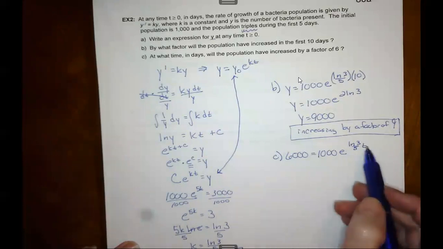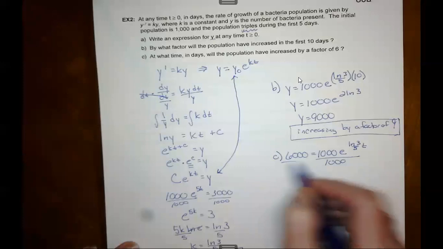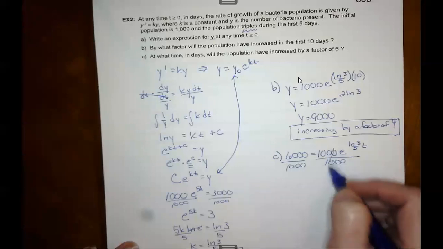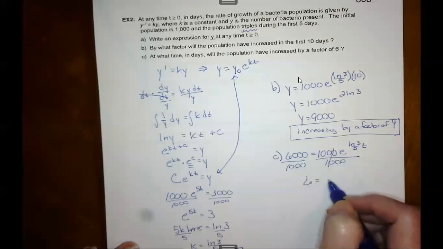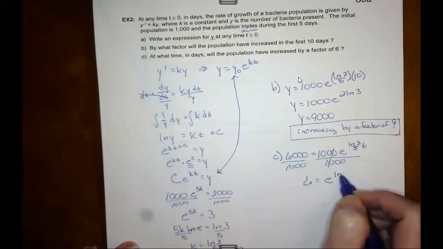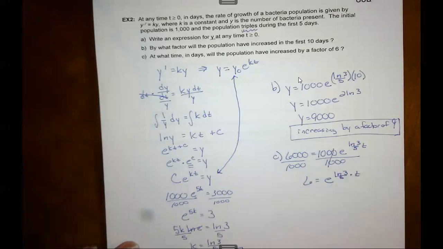So t is in our exponent. We're going to need to solve, and it's going to involve some logarithms. So our 1,000 will divide out. We have 6 equals e to the ln 3 over 5 times t power. This is all exponent, so we can't do anything else except take the log of both sides.